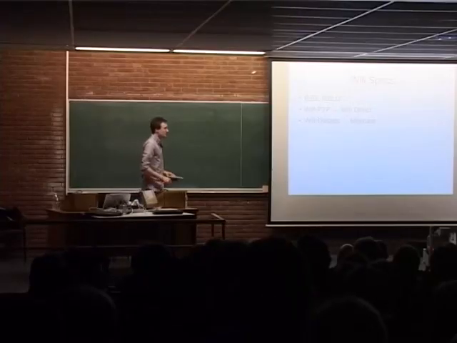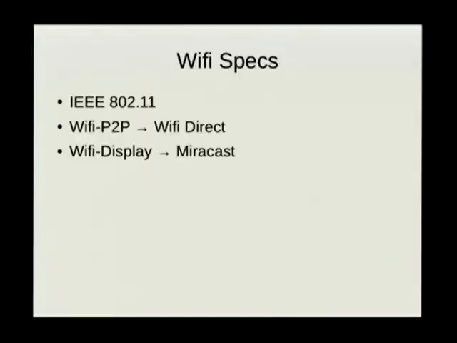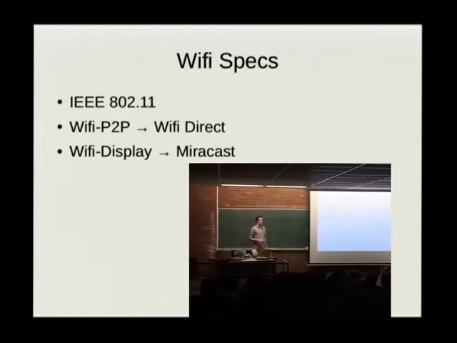I want to first explain what all these words mean, so everyone knows them. The 802.11 specs, or the official Wi-Fi specs, define how Wi-Fi works. And then there's the Wi-Fi Alliance, which creates some common practice specifications, which define things on top of these Wi-Fi specs.